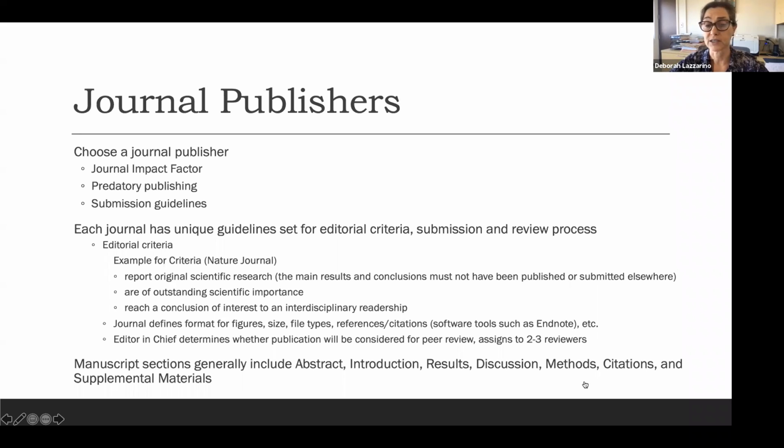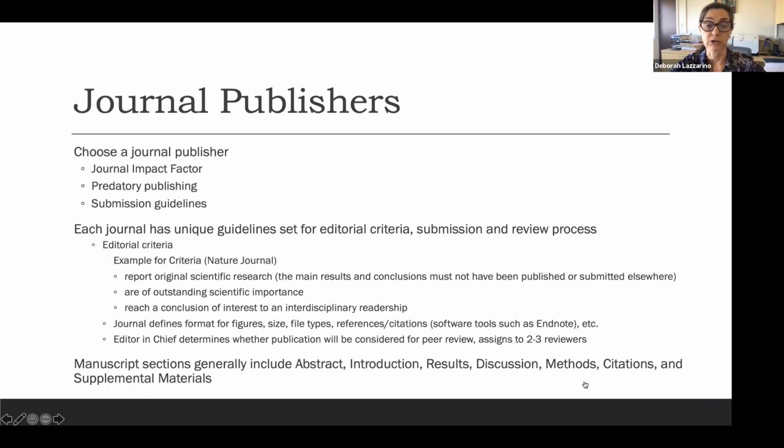The journal defines a lot of the criteria for the manuscript preparation, the format of the figures, size, file types, etc., how to prepare and what format you use for the citations. There's software to help you with that. EndNote is one example. Universities usually give you access to that software. And then the editor-in-chief, once they accept your submission, will determine whether the publication warrants merit and should be considered for peer review, and then they'll assign it to 2 to 3 reviewers.